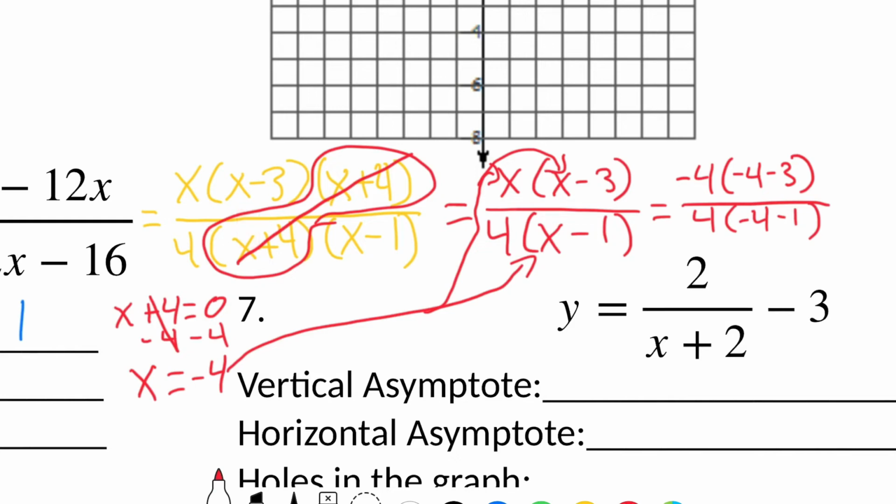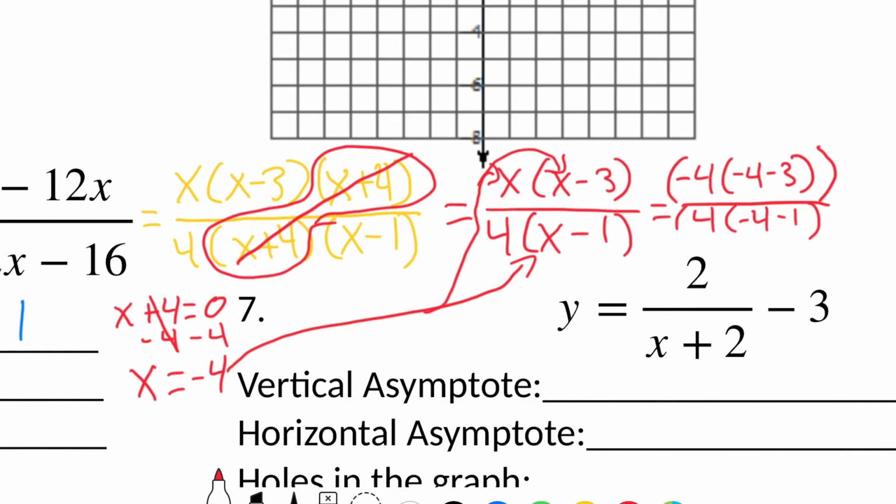And we're going to do this in our calculator, so we're going to do parentheses negative 4, parentheses negative 4 minus 3, close the parentheses again to distinguish between the numerator versus the denominator.